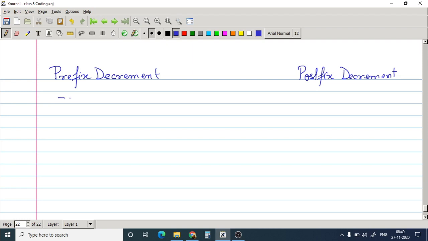That means prefix will be minus minus x and postfix will be x minus minus. So let x equal 15. So you have a equals minus minus x plus 2, and over here, suppose you have x minus minus plus 2.